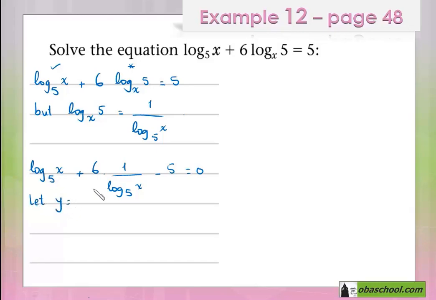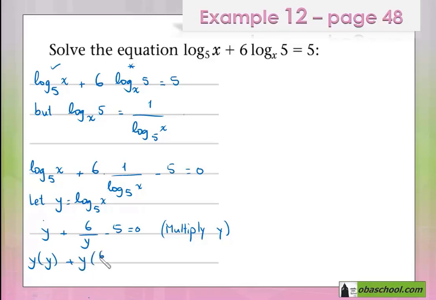Let y be equal to log x base 5. So the new equation is y plus 6 over y is equal to minus 5. Now multiply by y. And so we're going to have y into y plus y into 6 over y minus 5 equal to 0.